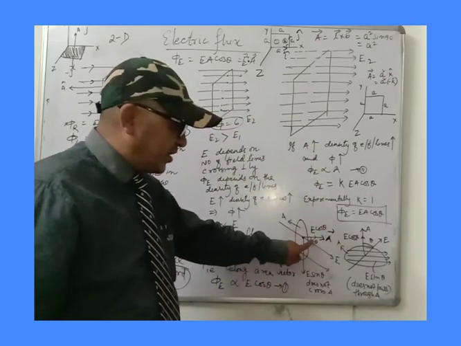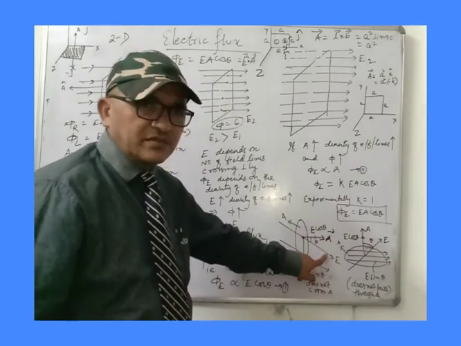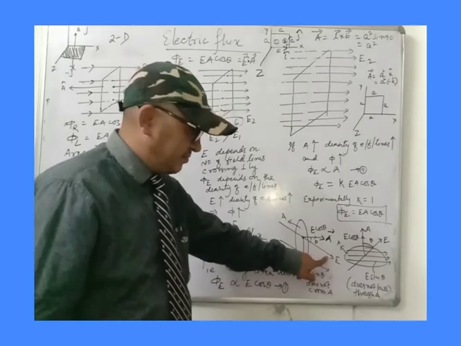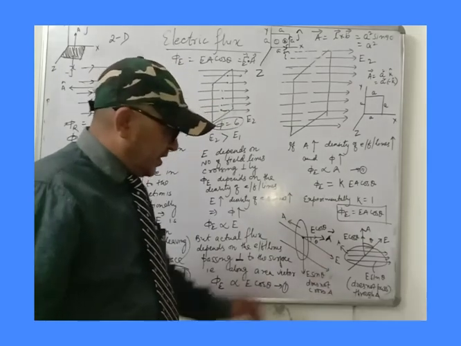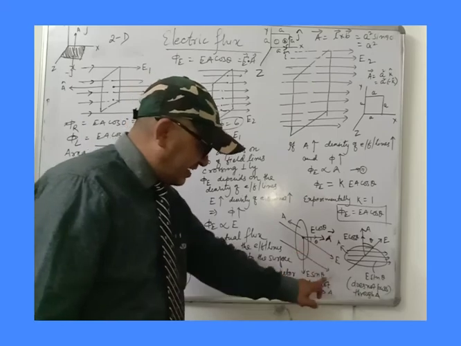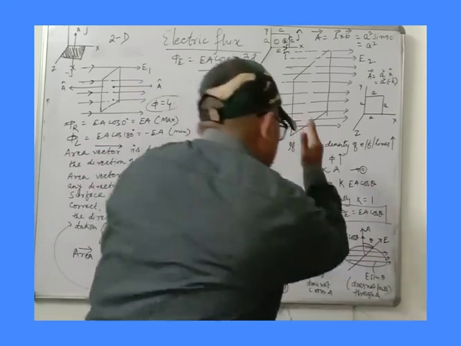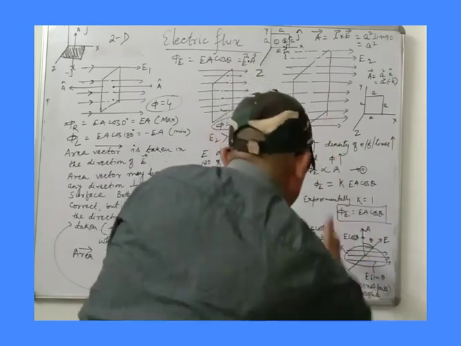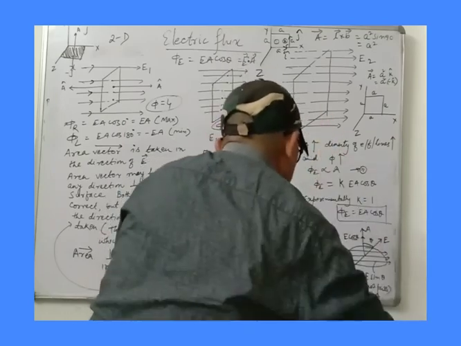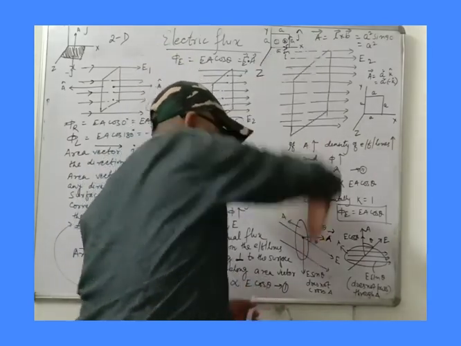Because of this component of the electric field, there will be flux, not by this electric field. Now another component of this electric field is E sin theta, which is this way. I have kept the circle like this, vertical, and E sin theta is crossing like this.